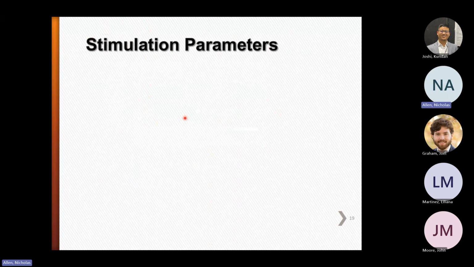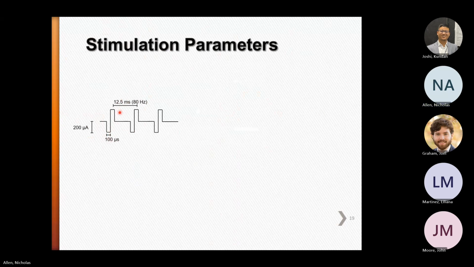So determining how to stimulate was not good at all, it was trial and error, trying to figure out what works. I'm showing you that it works. So we use biphasic pulses so that we can have current-neutral delivery.